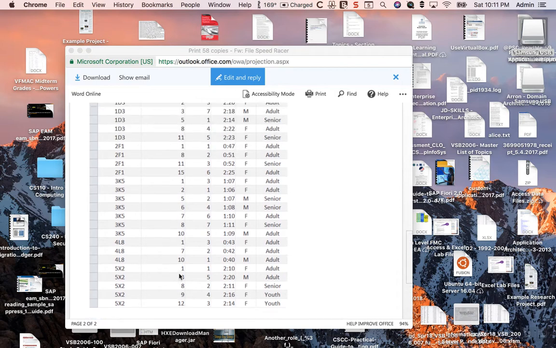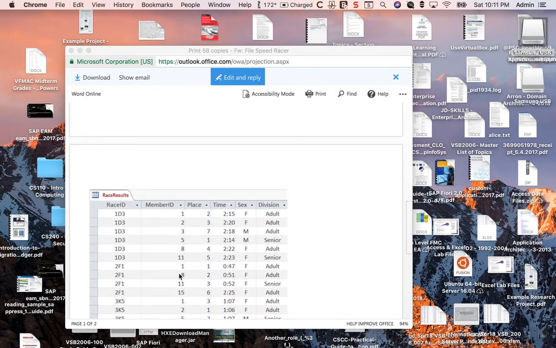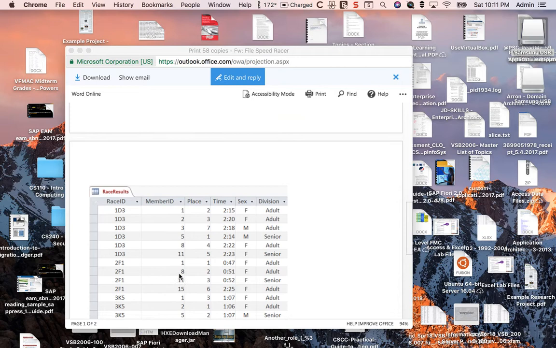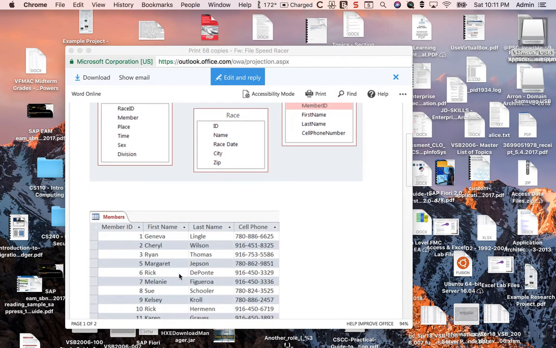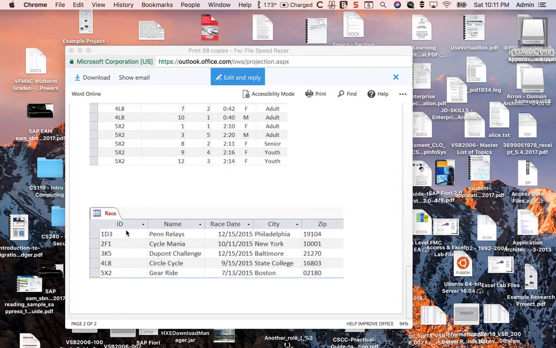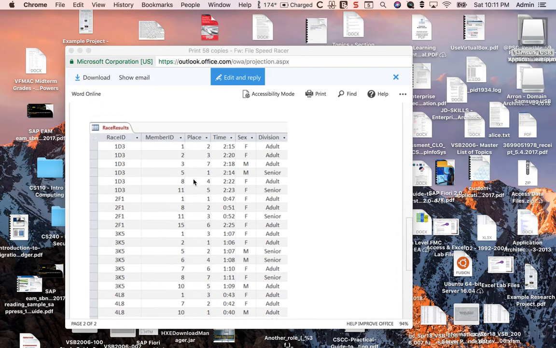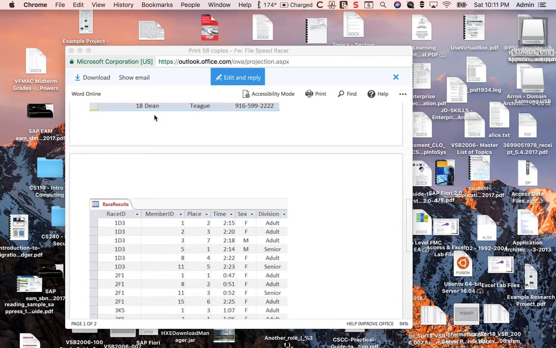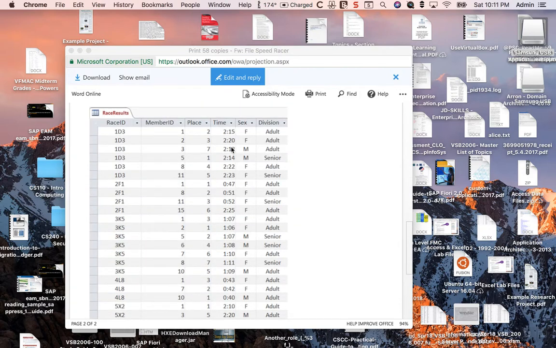Race results combines both the members and the race ID. Then finally the race table itself, so there are one, two, three, four, five races of different dates, and the race results really combine the race ID, the member ID, and the results of the race, what place. Okay, so that's our starting point here.